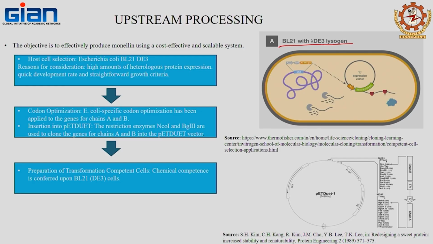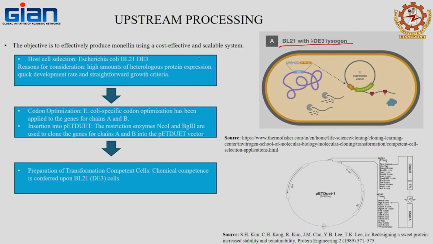For host selection, E. coli BL21 DE3 is chosen because of its capacity for high-concentration heterologous expression, compared to other host systems like Pichia pastoris or Saccharomyces cerevisiae. Then comes codon optimization, then insertion into the pET-Duet vector with two restriction enzyme sites, which I have mentioned here. We used them to clone the genes of chains A and B separately. Then transformation is conducted using the BL21 DE3 cells.